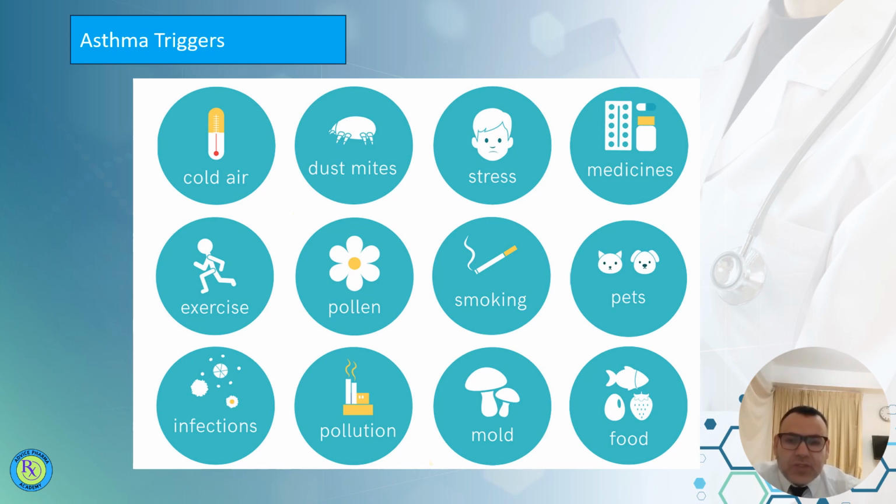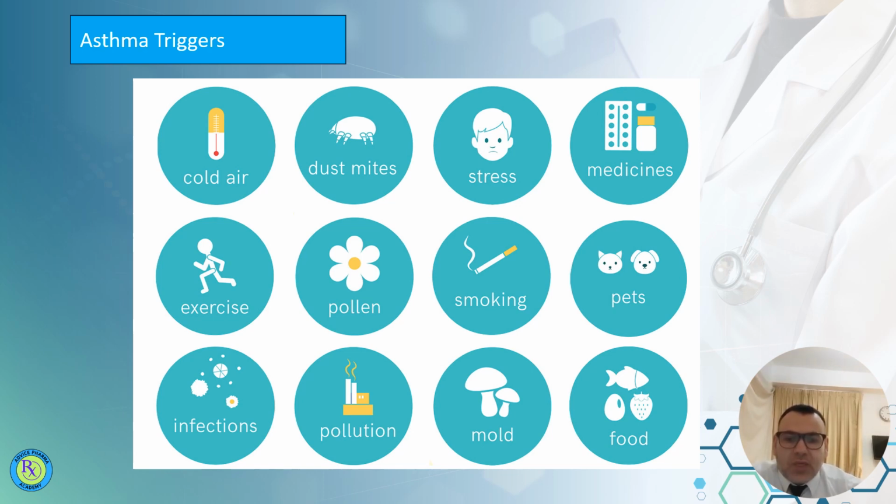Exercise, of course: exercise increases the effort and decreases the lung capacity, so it can also exacerbate asthma. And there is one type of asthma which is exercise-induced asthma, where the patient only has shortness of breath during exercise, and this can be relieved by using SABA before the exercise.